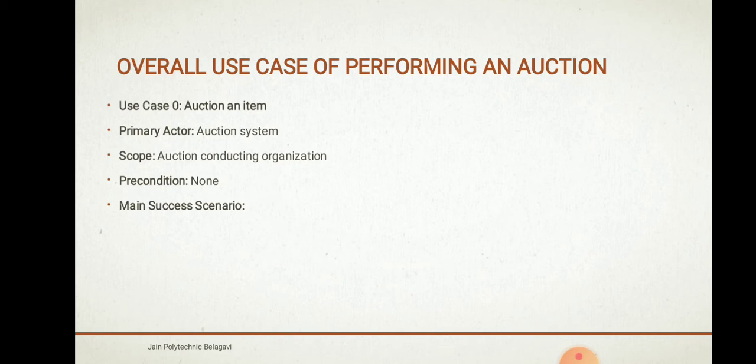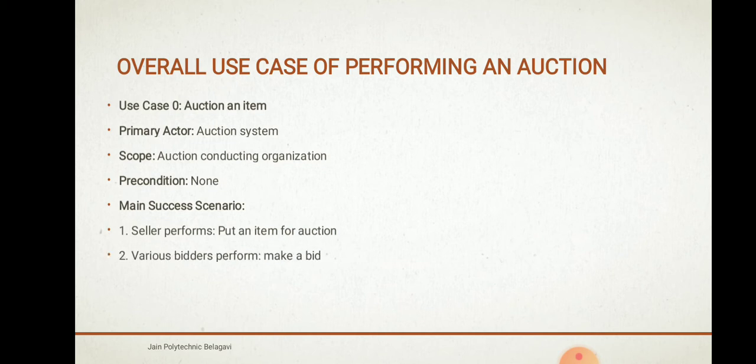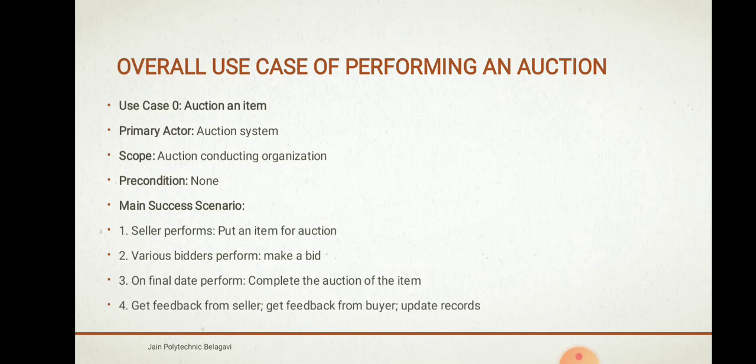Main success scenario: first the seller wants to sell his product at auction, so he puts an item up for auction. After he puts up the item, various bidders make a bid for that item. On the final date, the auction of the item is completed. Then get the feedback from the seller, also get the feedback from the buyer, and update the records.